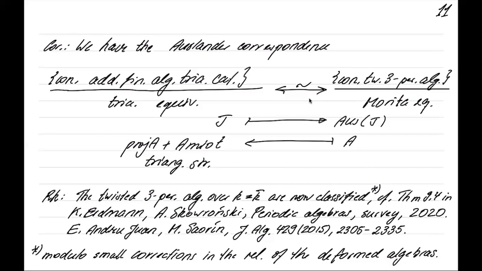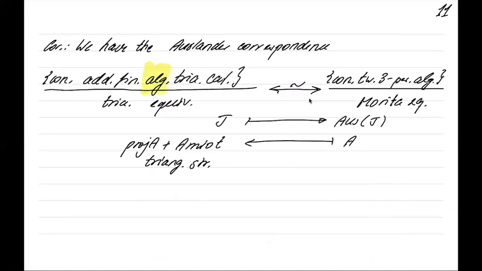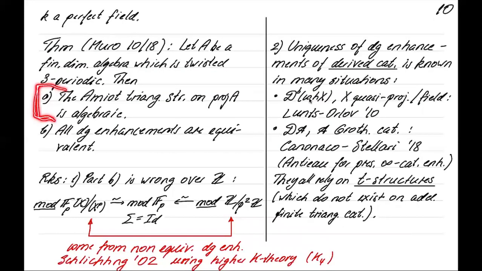So the crucial theorem is, of course, this theorem by Muro: the fact that the Amiot triangulated structure is algebraic and that we have uniqueness. So how does the proof work?